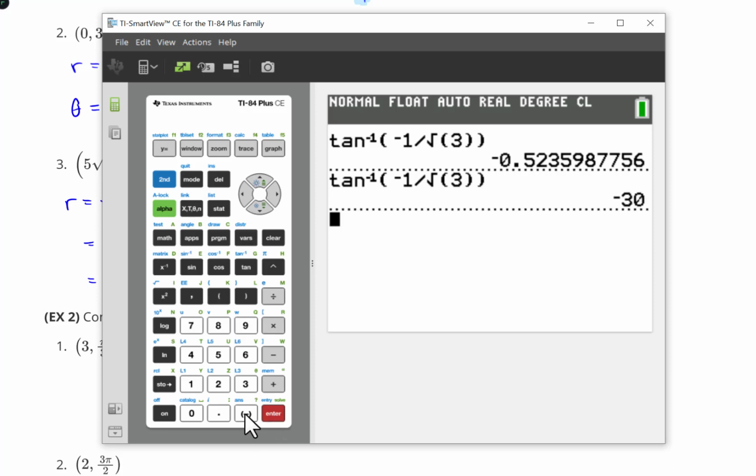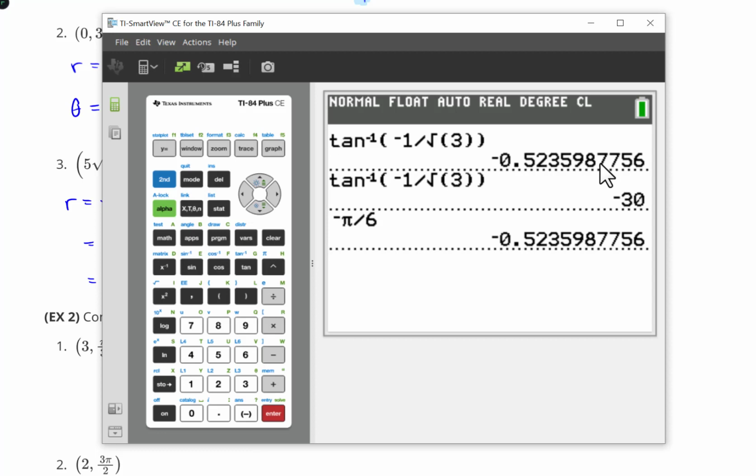I know that's the same thing as -pi divided by 6. That's the same answer it was telling us in radian mode, but it's just easier to see it in degrees. And as long as you're quick on converting degrees into radians, you can take advantage of that. So -pi over 6 is the answer that's provided.